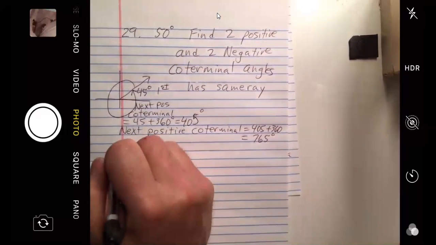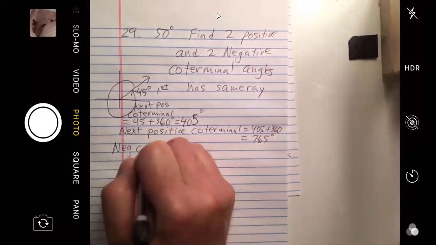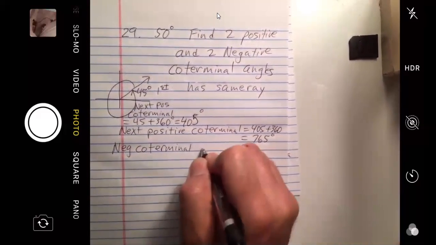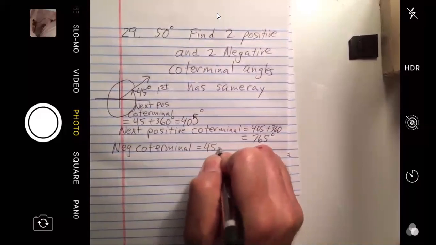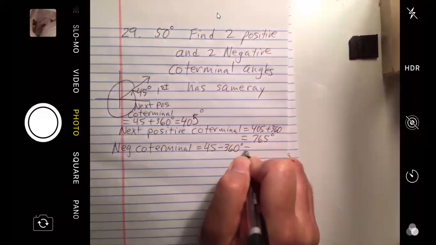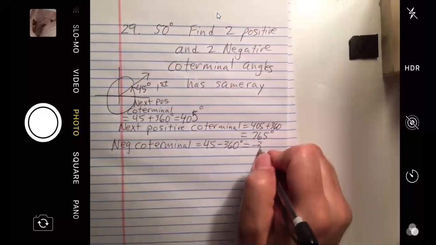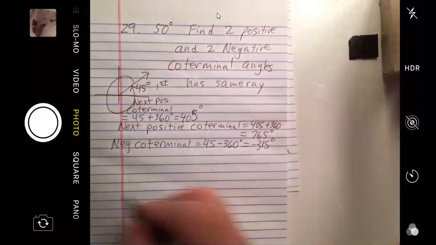If I wanted the negative coterminal, I go 45 and subtract 360, because in effect I'd be going the other way around, the full 360. Negative 315, etc.